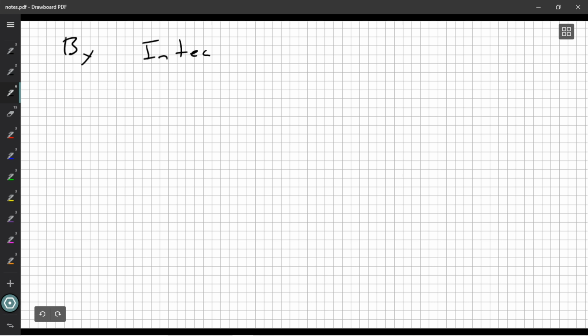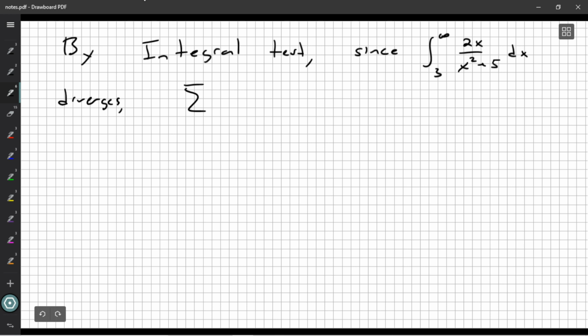So by the integral test, since our improper integral here diverges, the series we were talking about diverges, but that's not the one we were given.